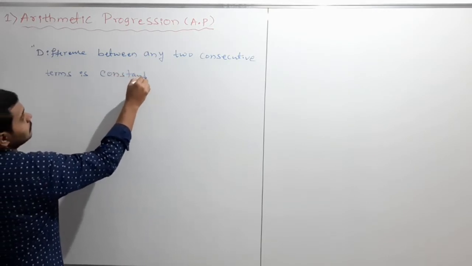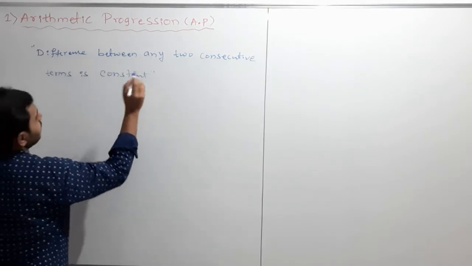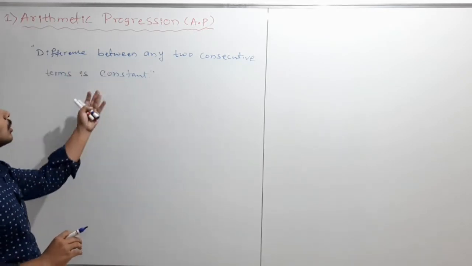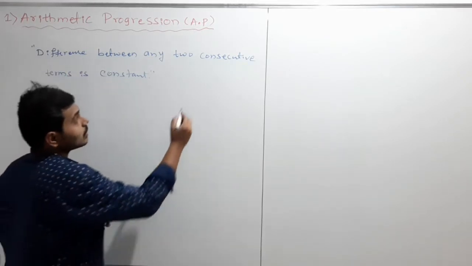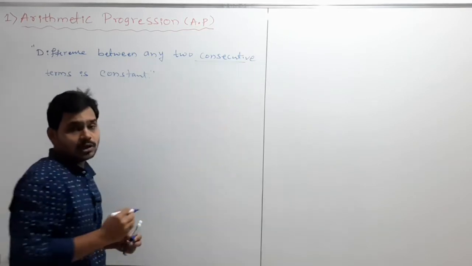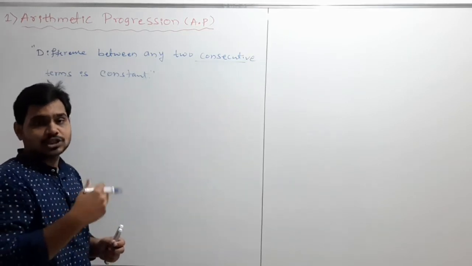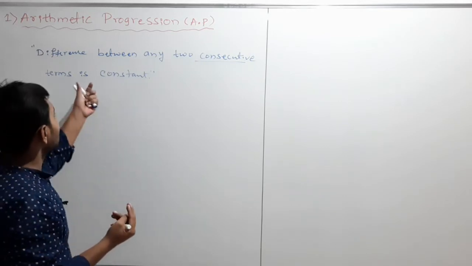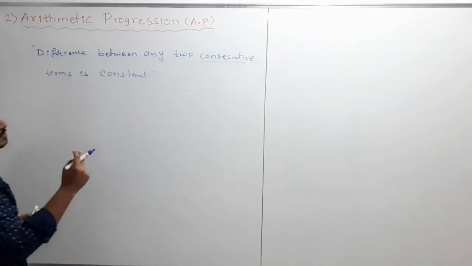So this we can call arithmetic progression. Consecutive terms I already told you: one by one, next to another one. If you take any two consecutive terms, the difference must be constant.